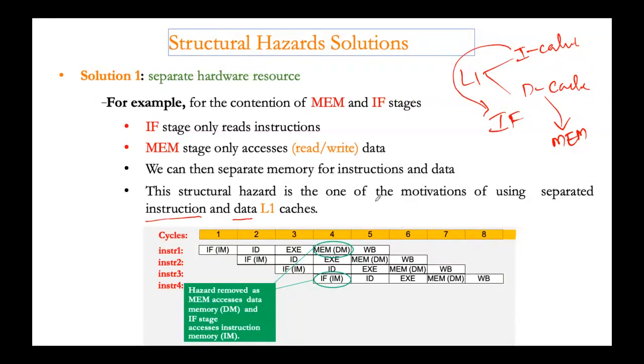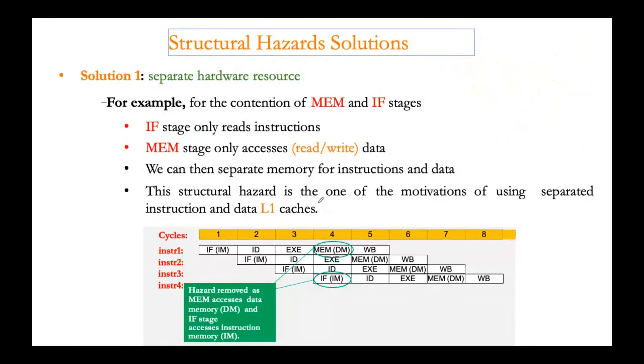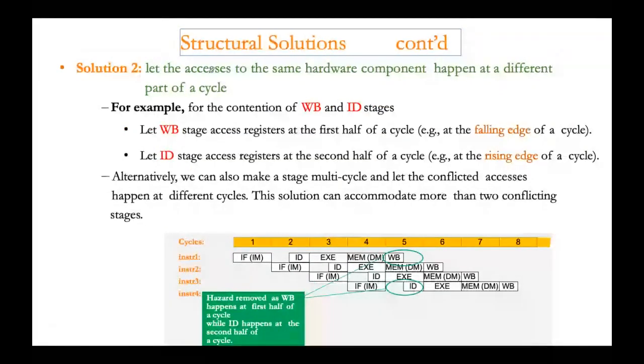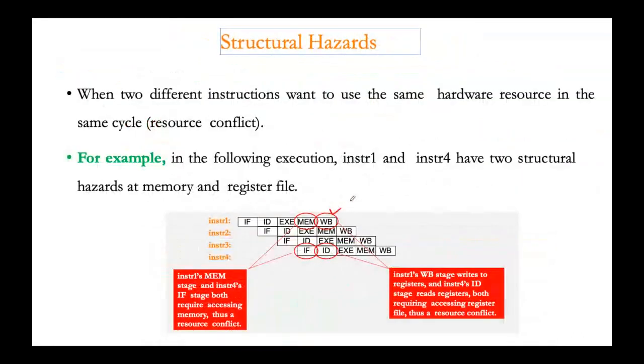Right. So with this, the structural hazard can be solved in another way. This solution lets access to the same hardware component happen at a different part of your cycle. For that, consider the second hazard which we found at the register file stage. In this stage, instruction 1 is writing to the register file, and instruction 4 is reading from the register file.